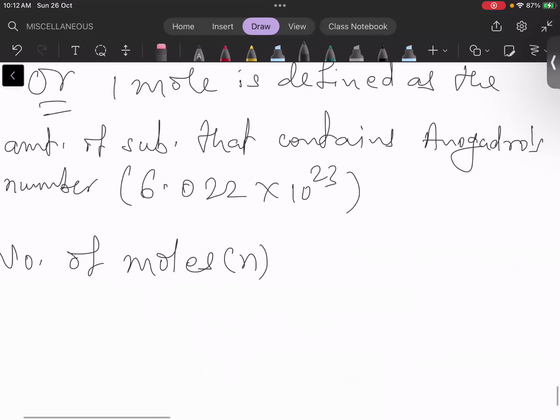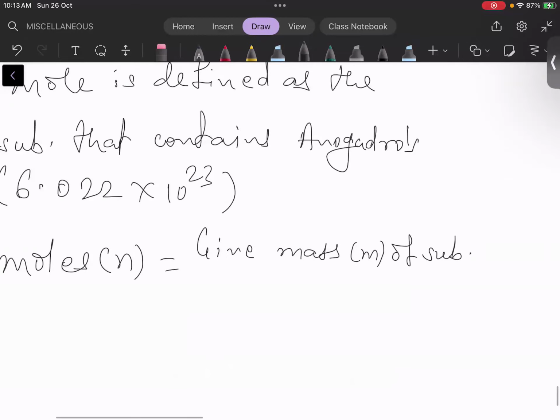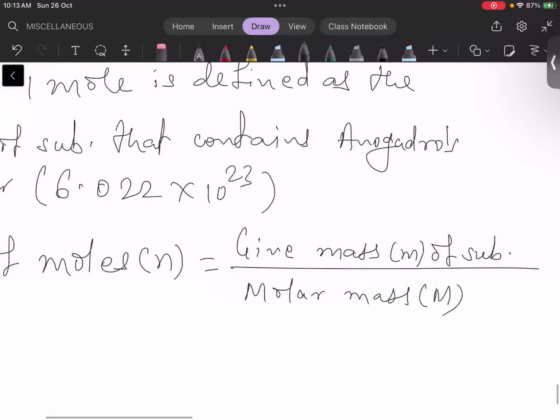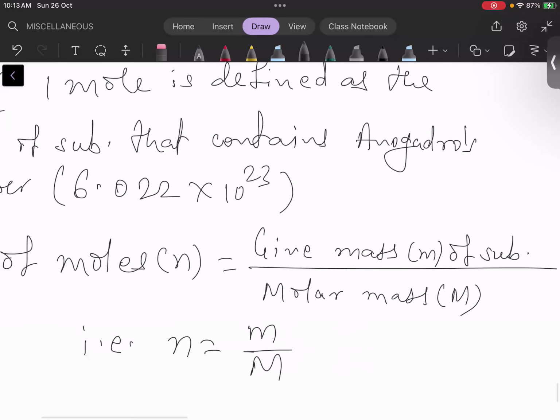So it is a ratio of given mass of a substance, given mass in bracket m of substance, divided by molar mass in bracket capital M. That is n is equal to small m upon capital M, where small m is given mass of a substance, capital M molar mass of a substance. Right? Is there any doubt?